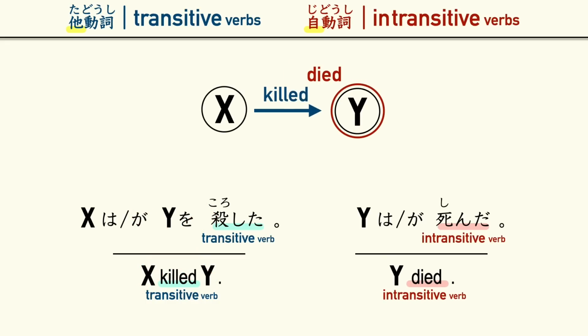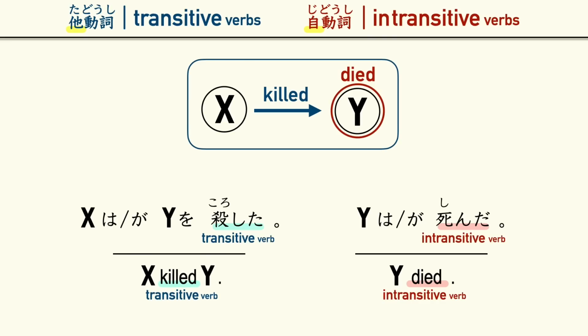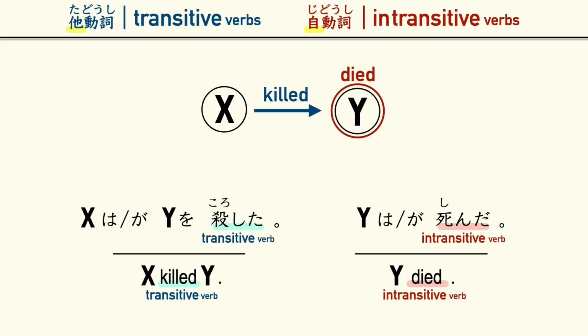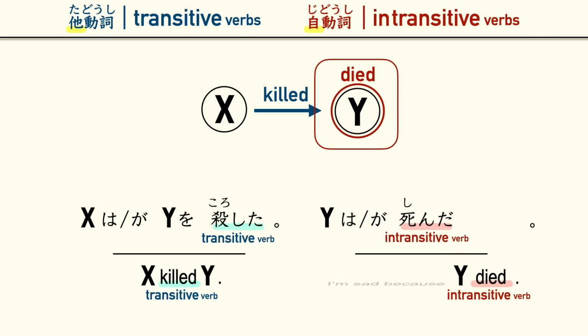If someone did kill Y, then you can say someone killed Y. However, even in this case, you can still say Y died if you're focusing on the fact that Y is dead, rather than who caused it. For example, I'm sad that Y died. Y が死んで悲しいです. This is natural.